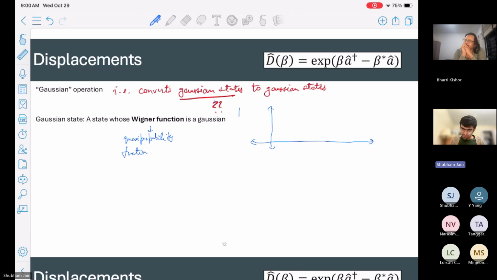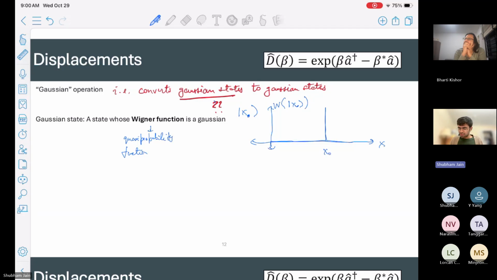For example, if I want to plot a Wigner function of this position state, which is situated at x0, so it's definitely at x0 with a certainty of 1, then this would look like this. This would be the Wigner function of this state, and this would just be a delta function at the point x0.